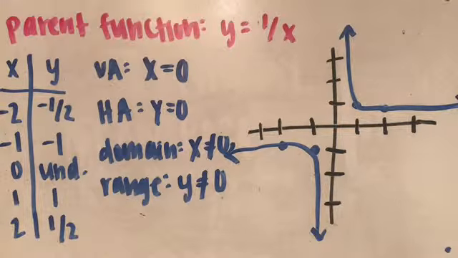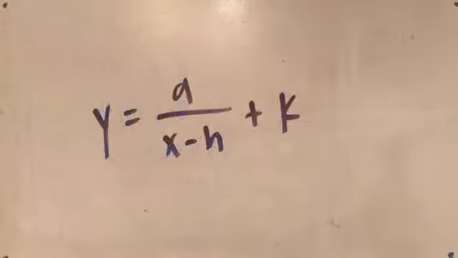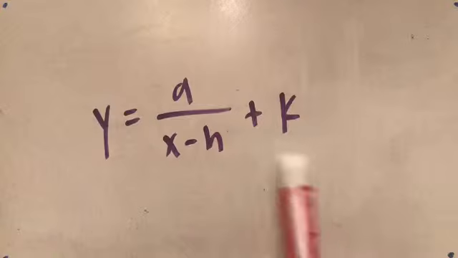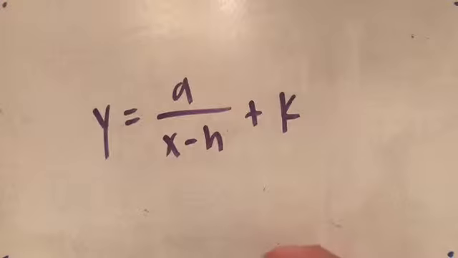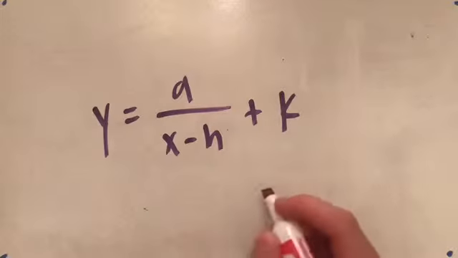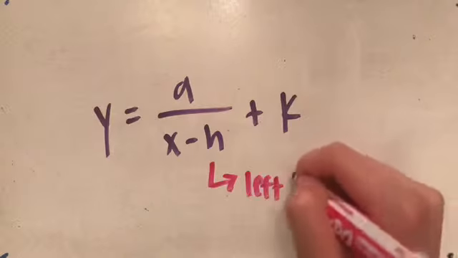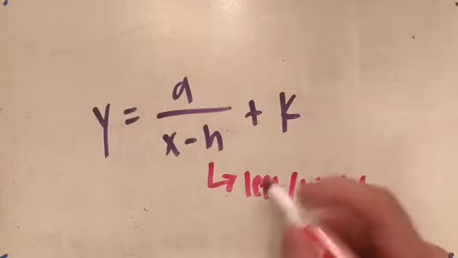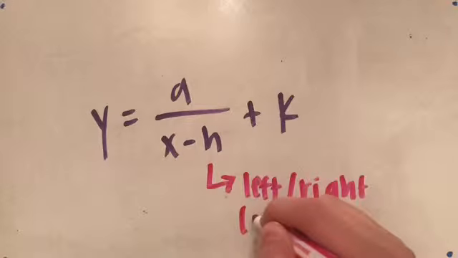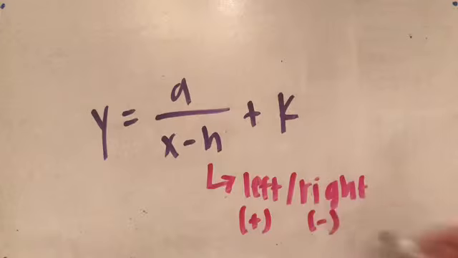For other functions, you do the same steps, you just add in the transformations. This is the transformation form. We see all the same letters and variables that show up in other types of functions, such as h, k, and a, and they do what they normally do in other functions. h moves the graph to the left or to the right, and it's the liar: if you go left, you will have a plus sign, and if you go right, you'll have a minus sign.